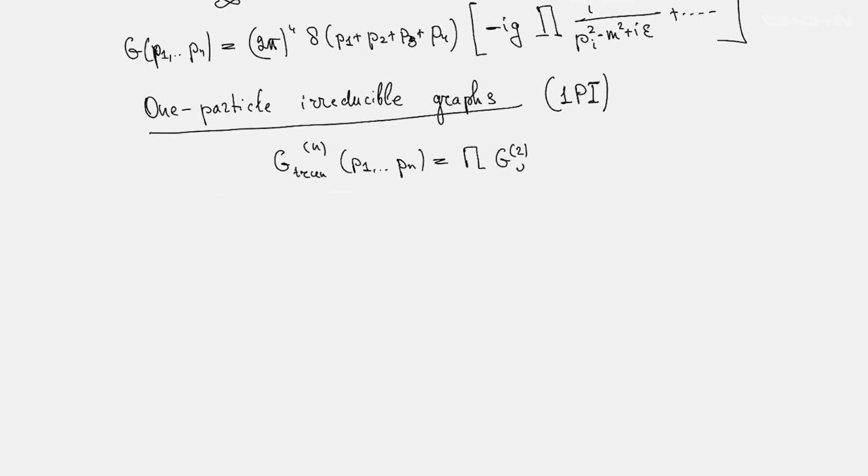The 2 means it is a 2-point Green's function, so a propagator is just a propagator. 0 means it's a free theory. I take the inverse of this propagator and multiply the n-point Green's function. So this means cutting off external propagators, and I do it for all external particles.